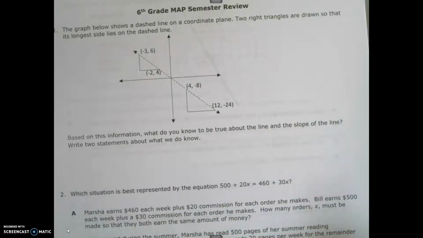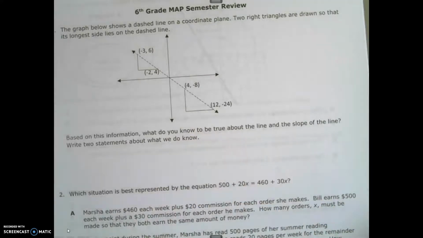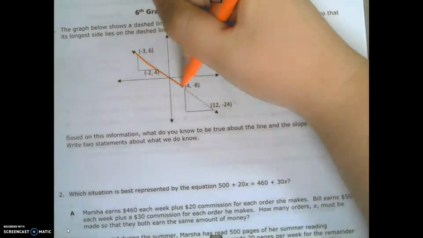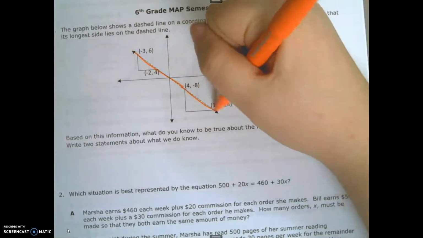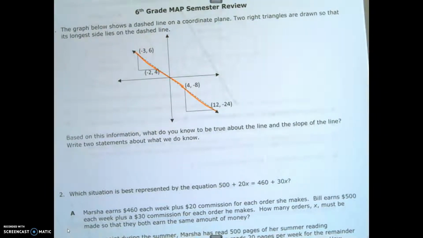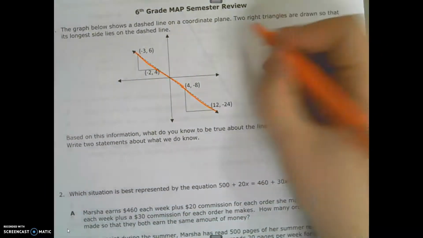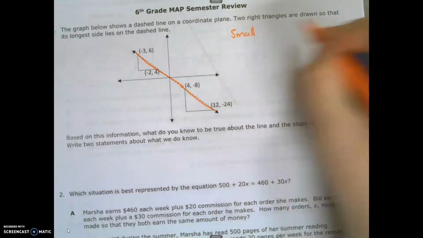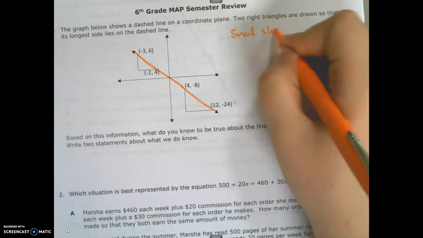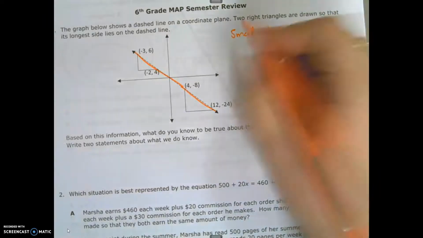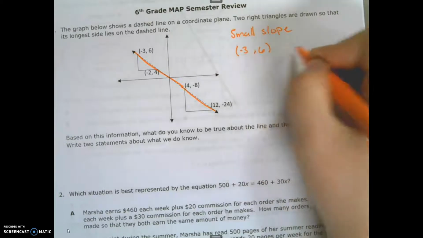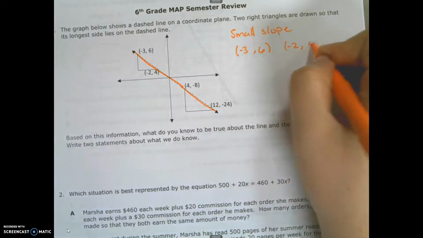Alright, about what we do know. So, first things first, our line is a linear line, and it goes straight. If we were to solve for the slope of either of our triangles, so our small triangle slope, we're going to use the points -3 and 6 and -2 and 4.